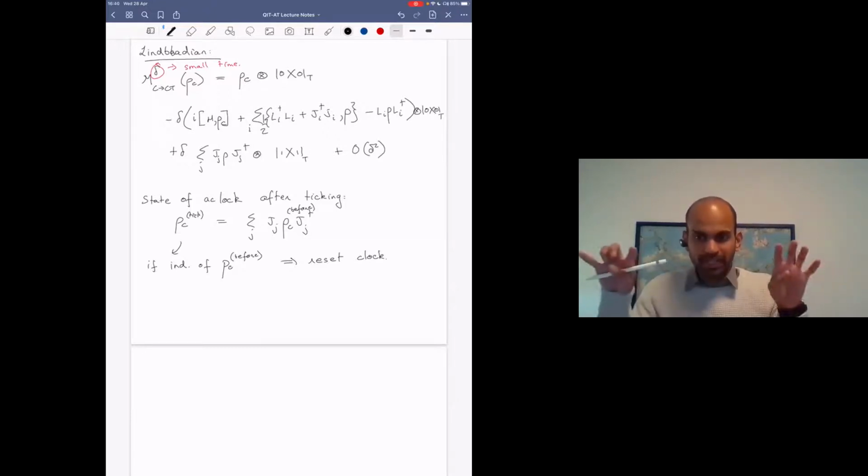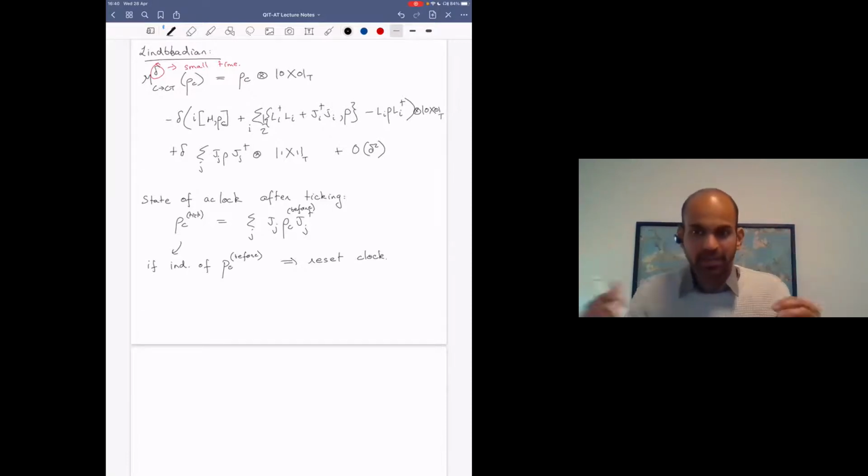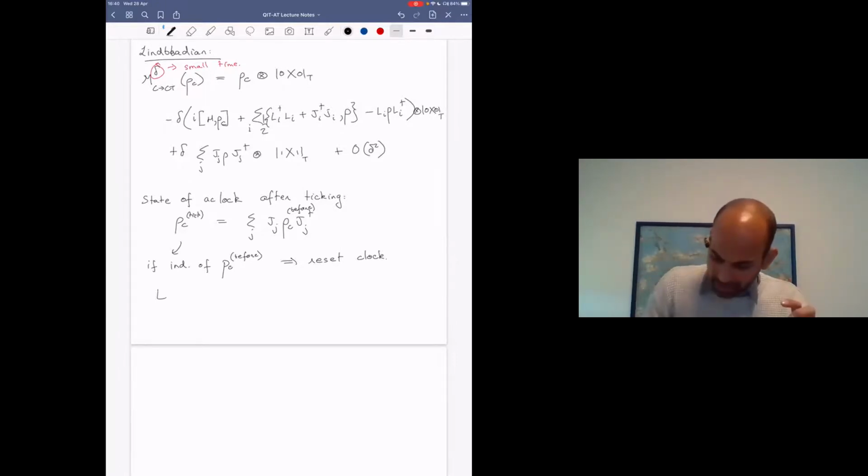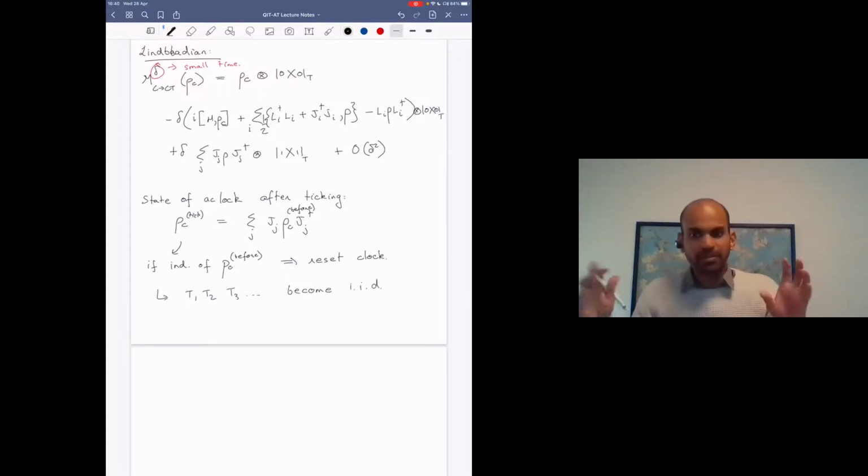So if we consider each tick to be a random variable with respect to time, as in at what time the clock emitted the first tick, the second tick, the third tick, and so on, then this sequence of random variables T1, T2, T3, and so on, become IID, that is independent and identically distributed.